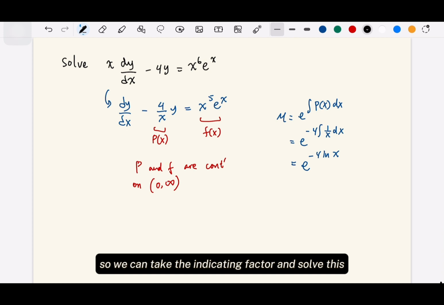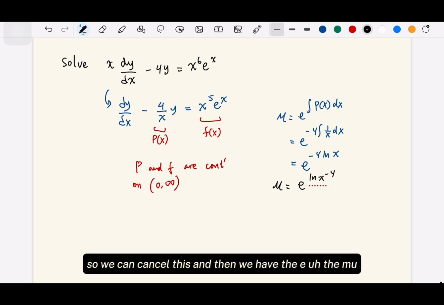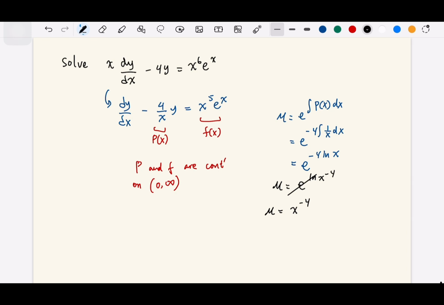So we can take the integrating factor and solve this, and this e will become e to the negative 4 ln(x), right? So we can cancel this, and then we have the mu, or the integrating factor, is x with power of negative 4, right?